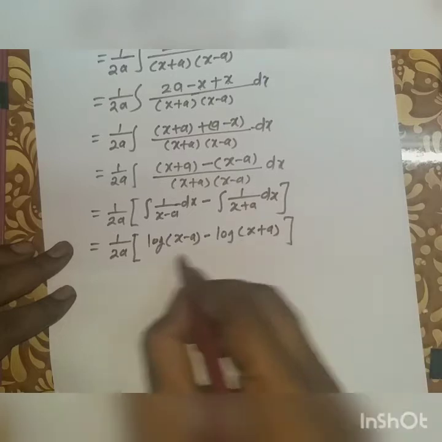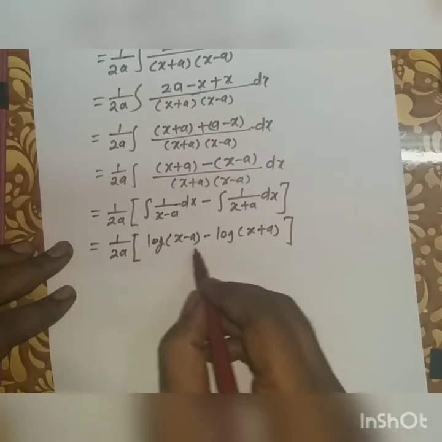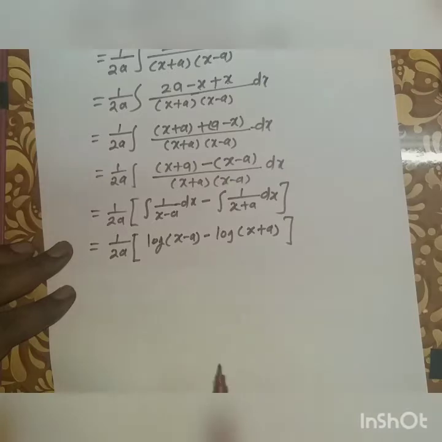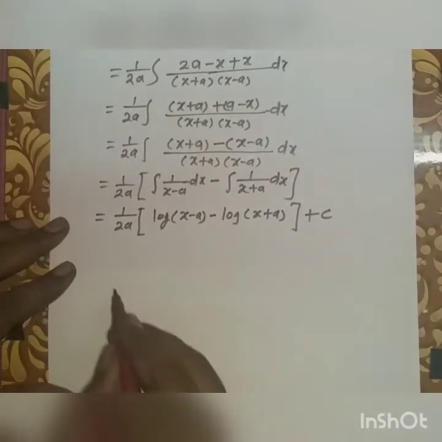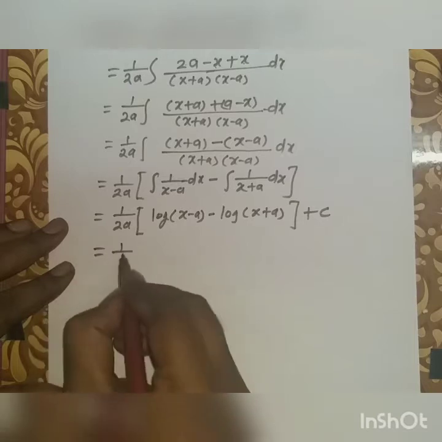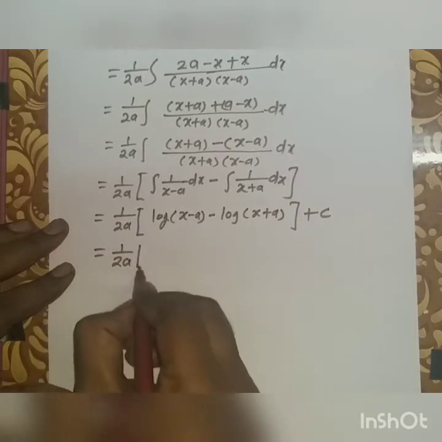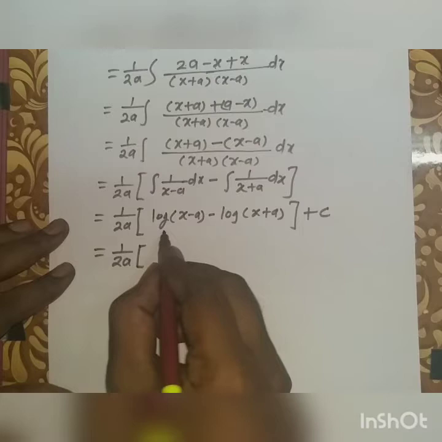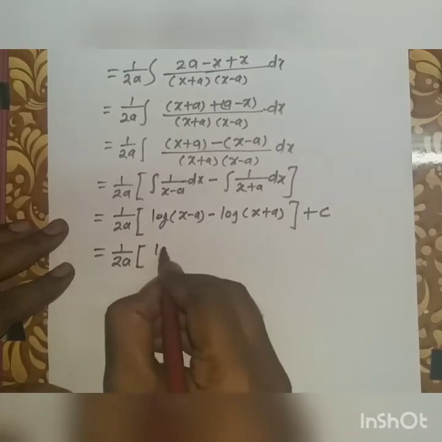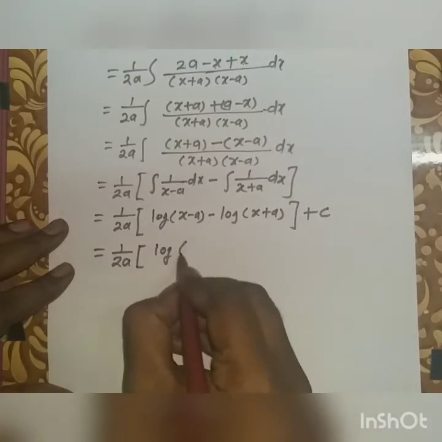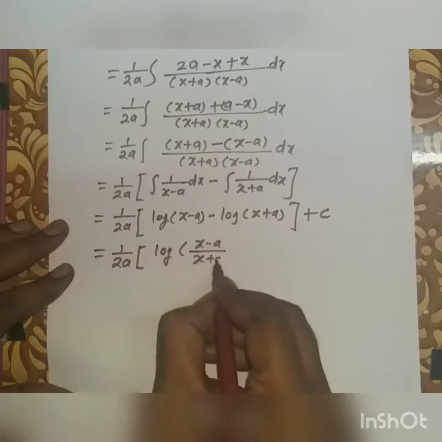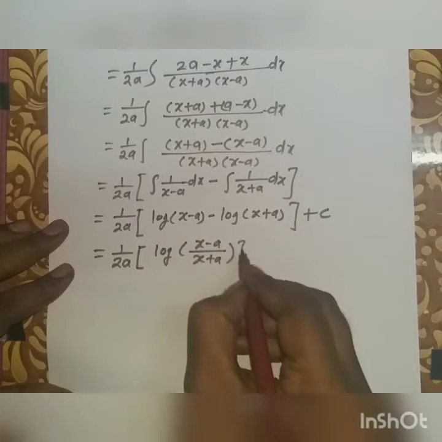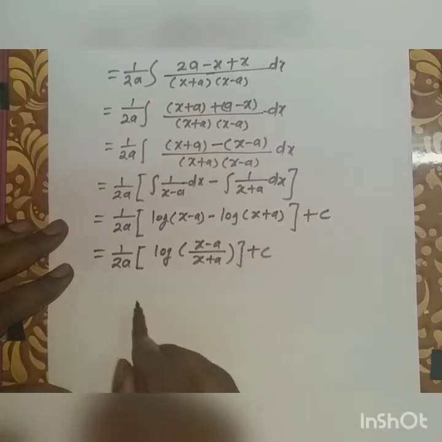Here the coefficient of x is 1, therefore there is no need to divide by the coefficient of x, right? We take integration, therefore integral constant, and it is equal to 1 divided by twice a, bracket, the subtraction of logarithms, therefore we take its quotient: log of x minus a divided by x plus a, plus c.